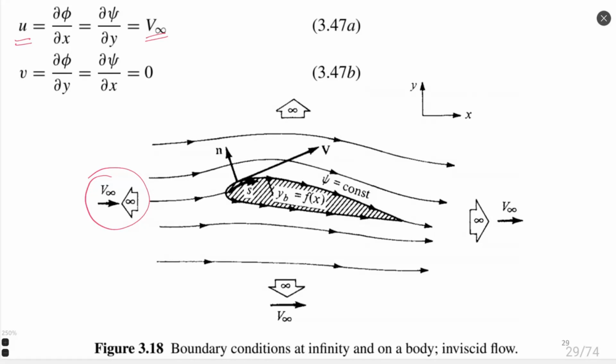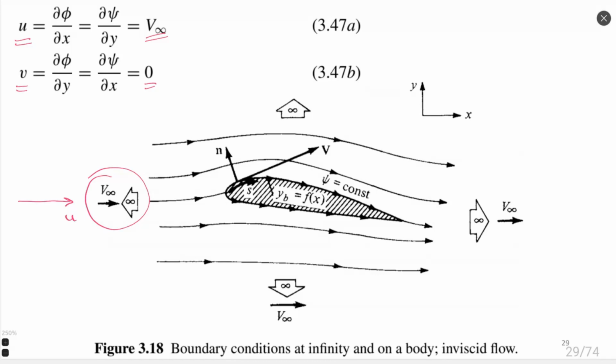So at infinite distance from a body, we know that these derivatives will be equal to v infinity, and the v component of velocity corresponds to 0. It means that our flow is horizontal, not having a vertical component. So it has just the u component of the velocity, and the v component is 0.